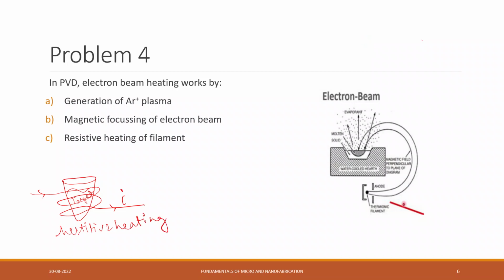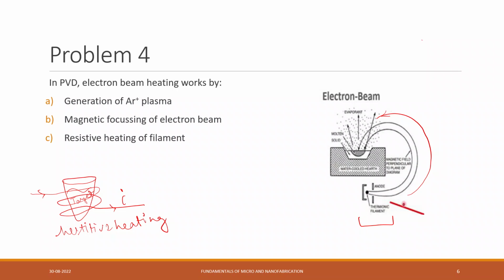Another process is electron beam heating. In this we have an electron gun here, and the beam goes from here. The focusing is done using a magnetic field, because a magnetic field can change the path of a moving electron.